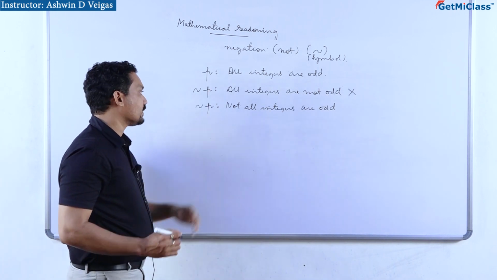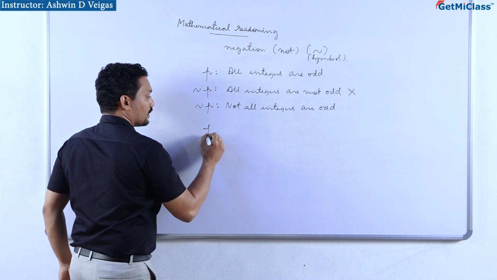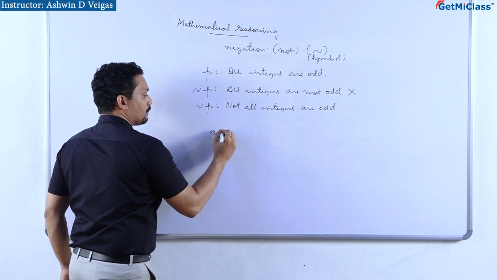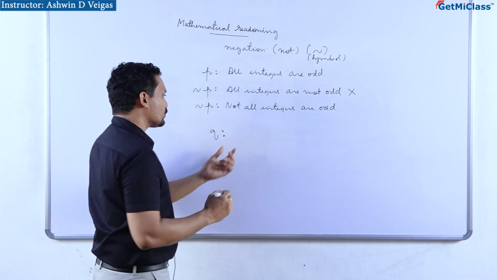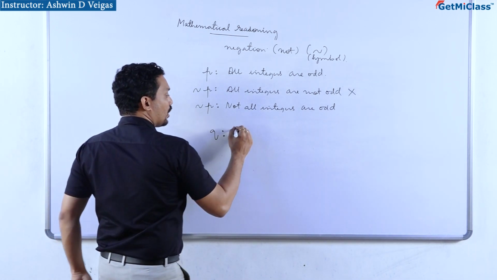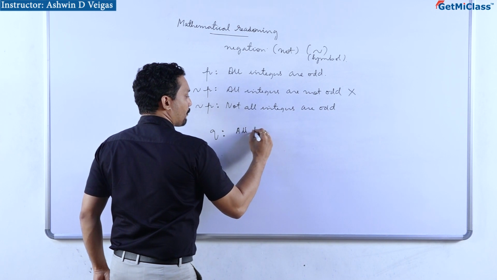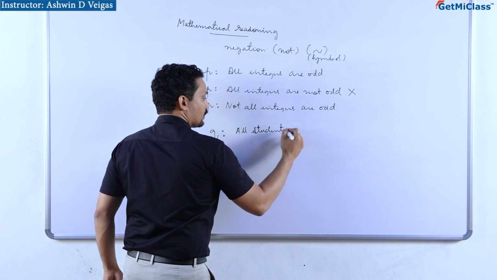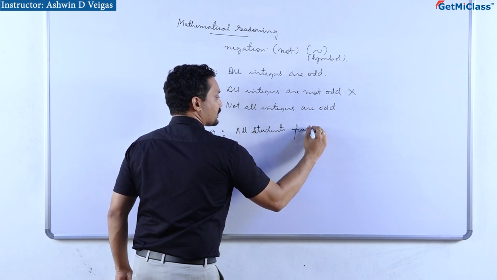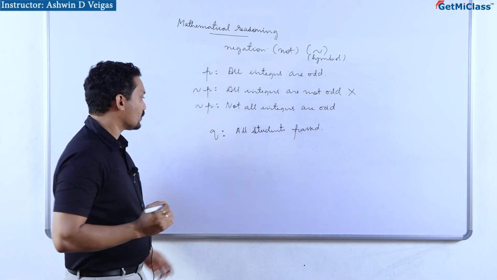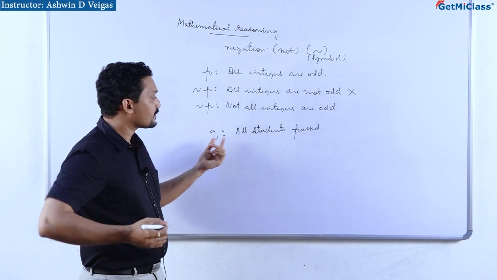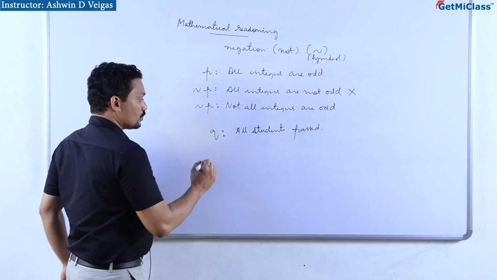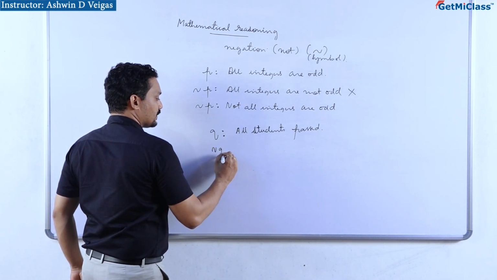To understand this, let me go to another example. Let me call statement Q: all students passed. In a class, let us say the statement is all students passed. Now, let me try to do the negation.